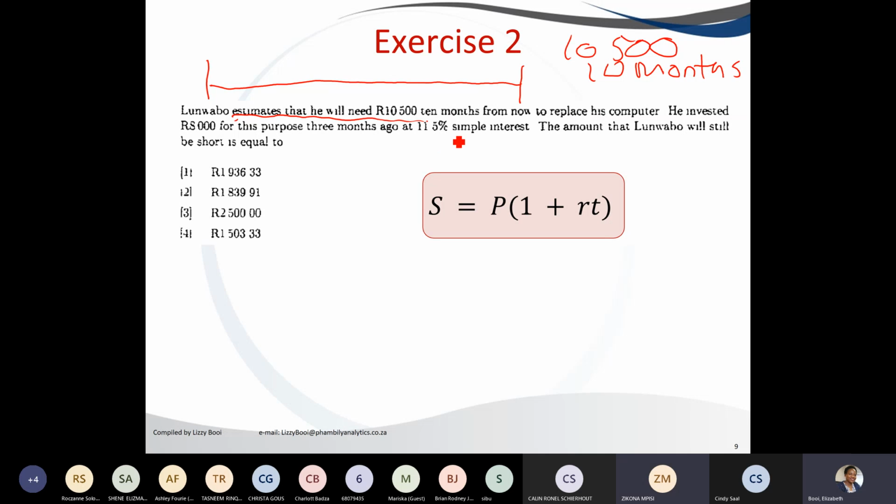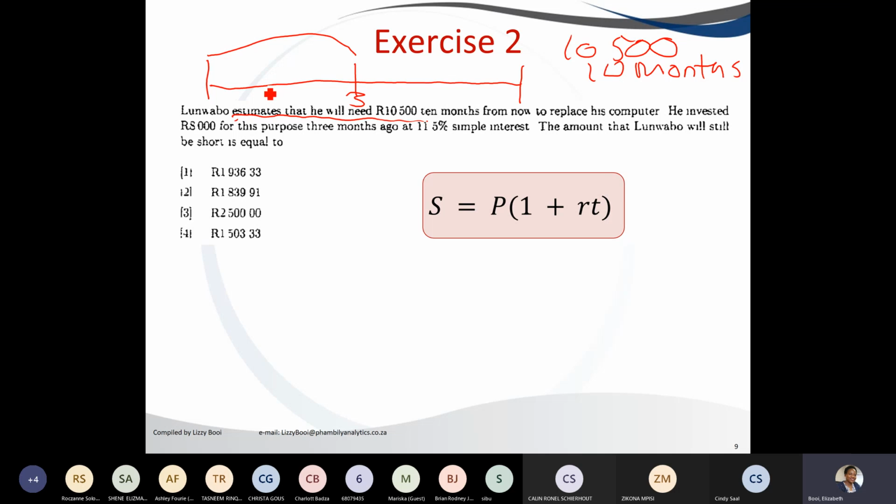Now, he invested 8,000 for this purpose 3 months ago. So if this was 3 months ago, today is 3 months later.